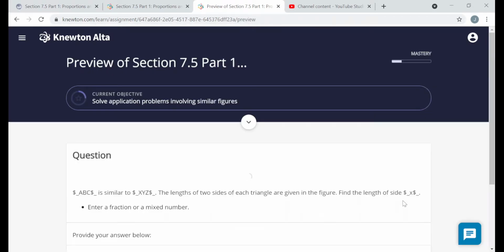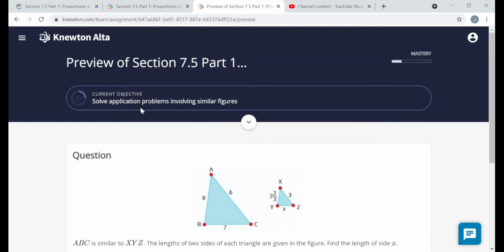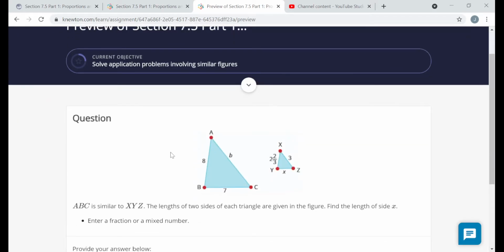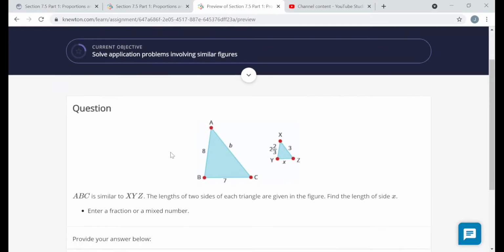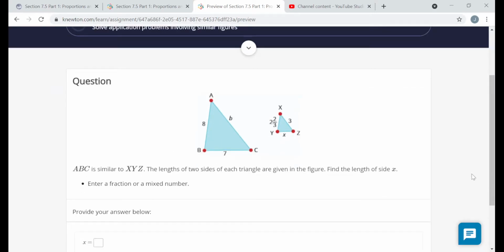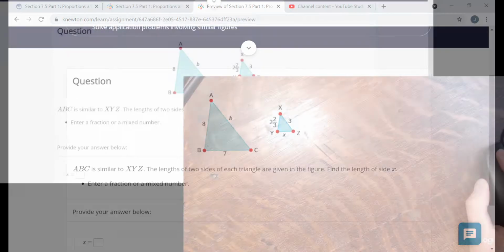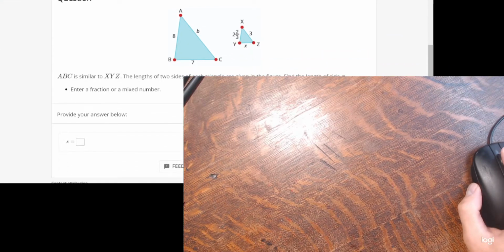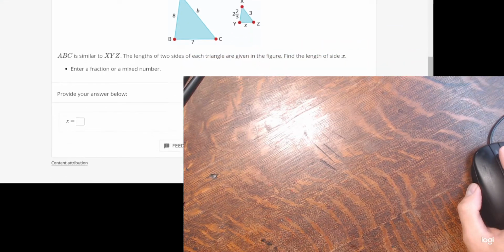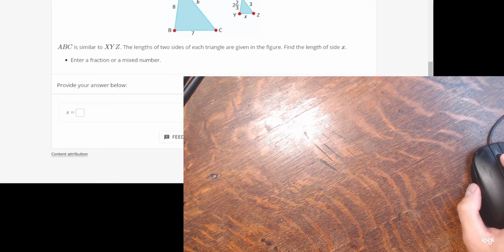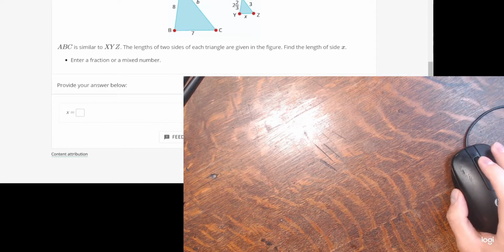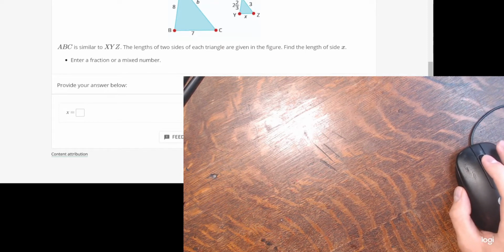All right, so again, we're back to that objective: solve problems involving similar figures. So again, I'll keep this up, and hopefully you can see it here. We got triangle ABC is similar to triangle XYZ.